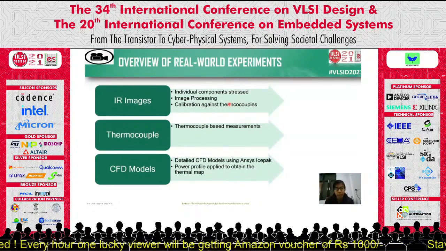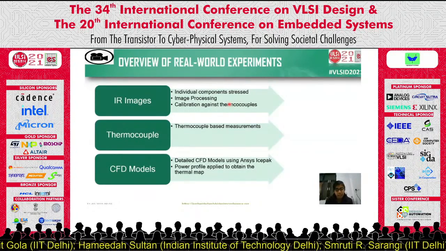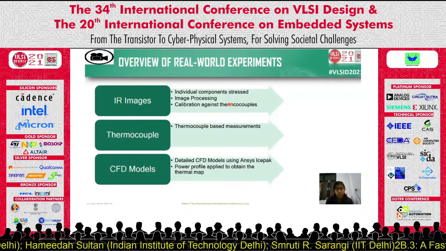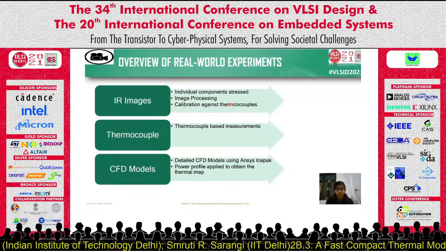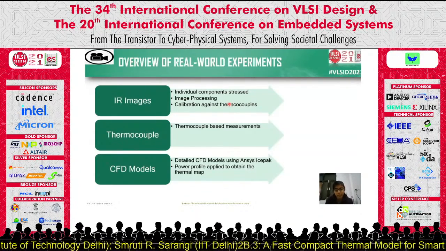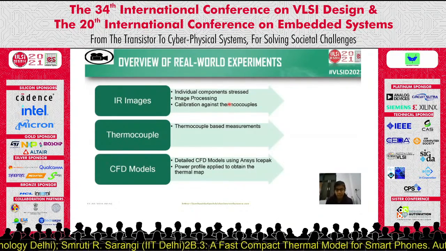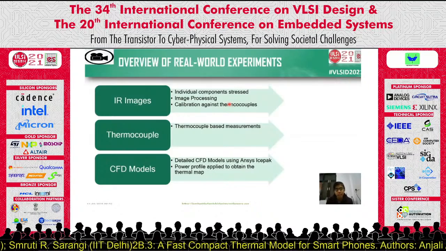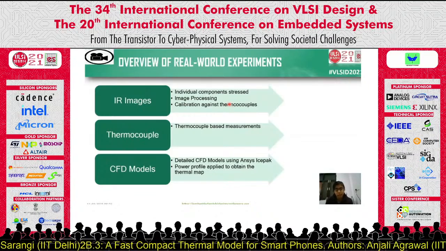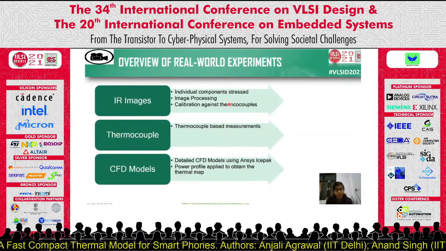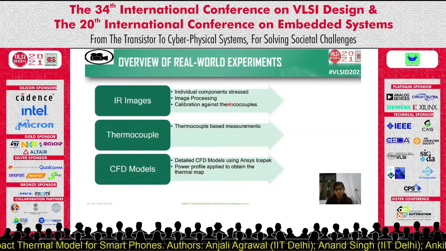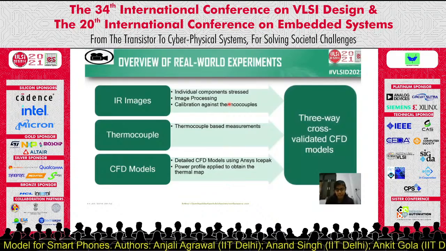Also, to empirically obtain the Green's function of a chip, we need to apply a unit power source at the center of the chip, which might not be practically possible in a running system. Hence, we create a CFD model and then we calibrate it against real world IR camera images and thermocouple based measurements to obtain a three-way cross validated CFD model.